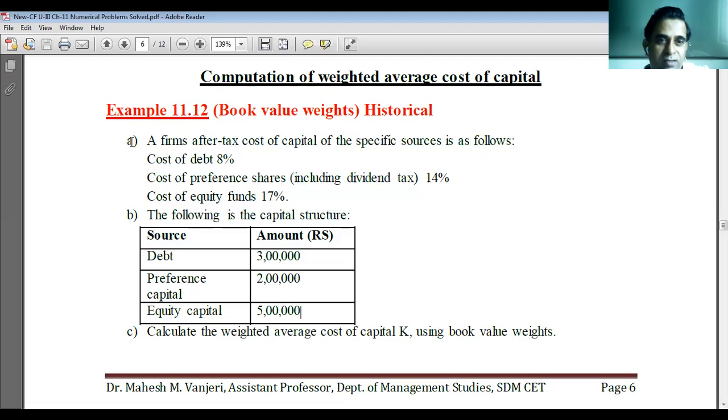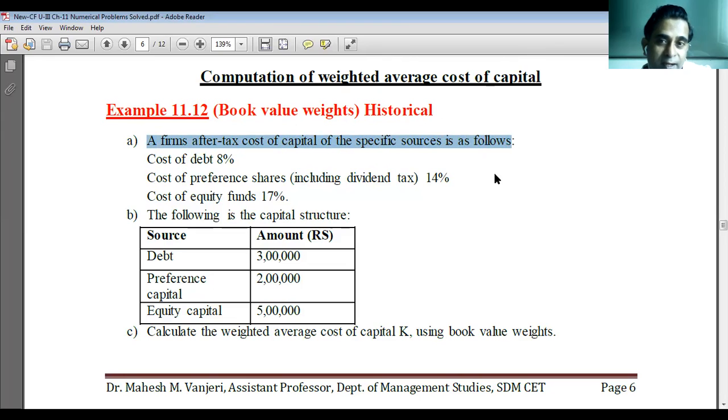Okay, so the first information given is a firm's after-tax cost of capital of the specific sources, as follows.